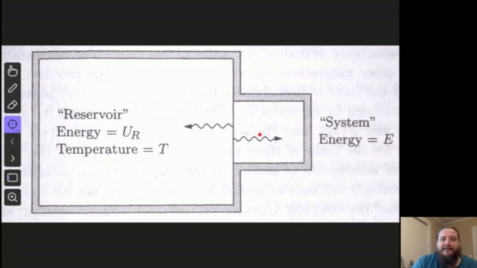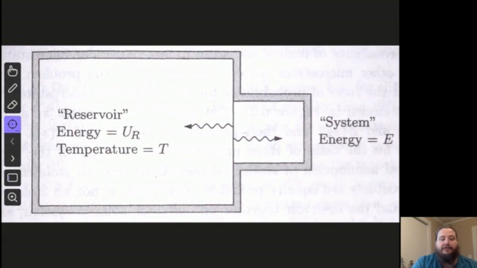And we're going to let that system interact and come to thermal equilibrium with a large reservoir, which has a temperature T. So the system can exchange energy with the reservoir, but for the moment we're going to limit ourselves to just exchange of energies.